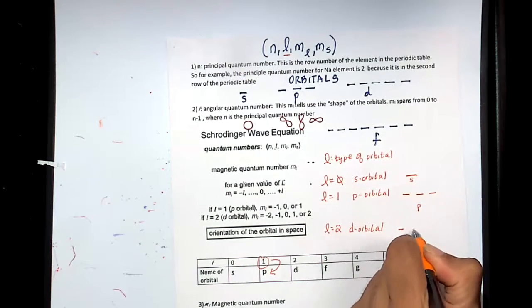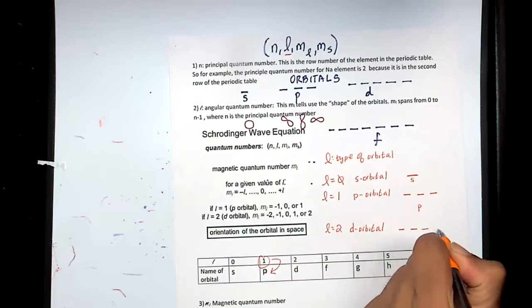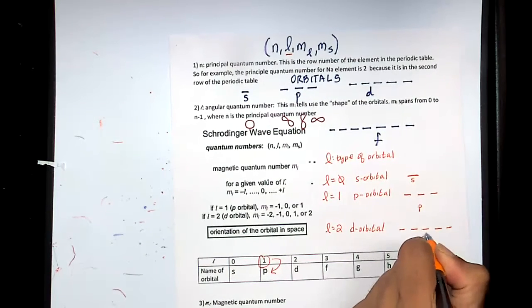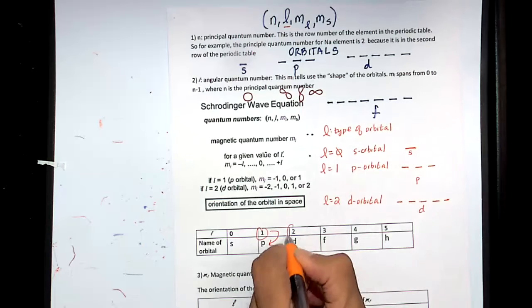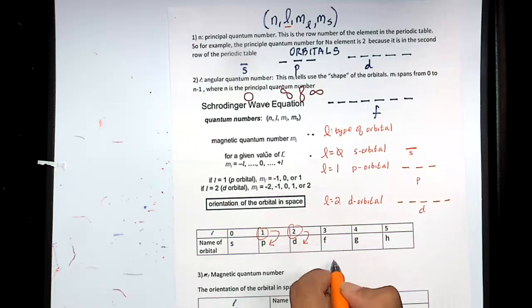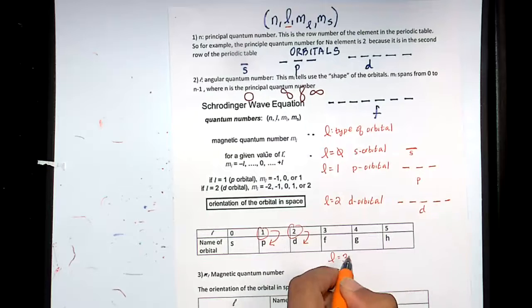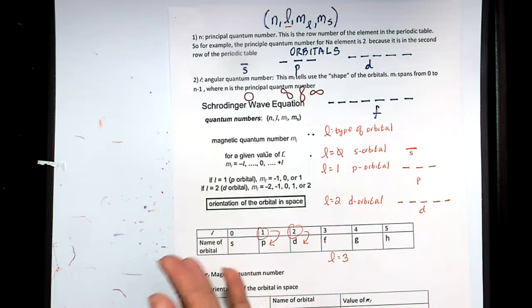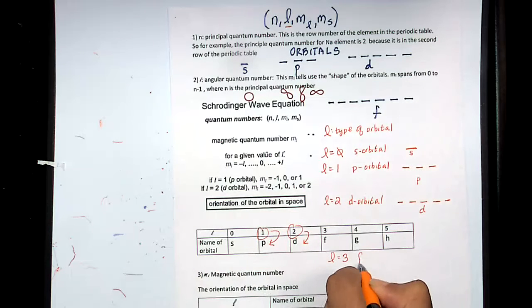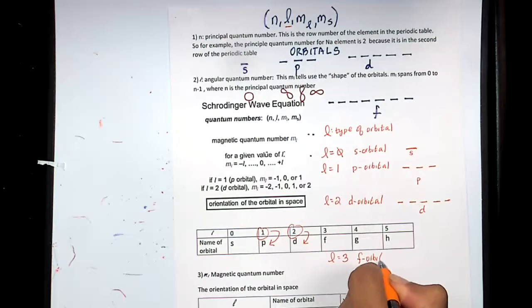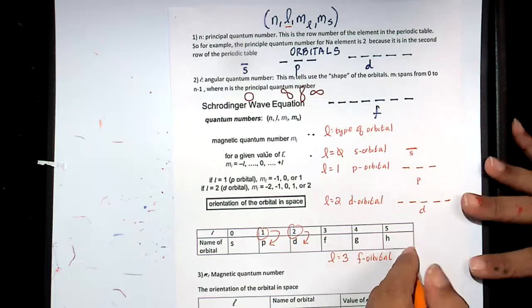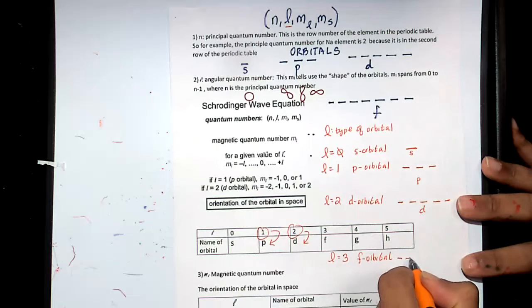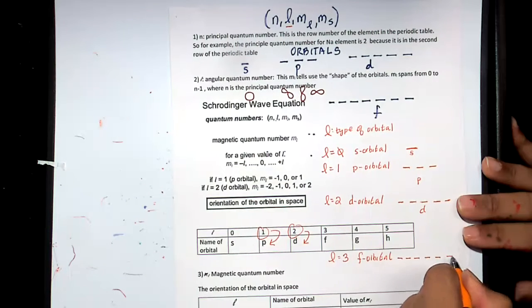And remember, the d has 5 slots, 1, 2, 3, 4, 5. Again, you just have to memorize this. And I'm not going to mention this, not on your test, but if L equals 3, we're talking about an f orbital. There are seven slots for the electrons to go in. 1, 2, 3, 4, 5, 6, 7.